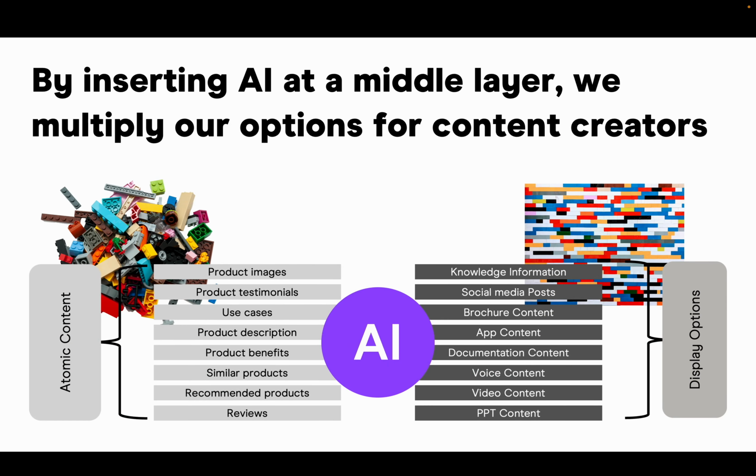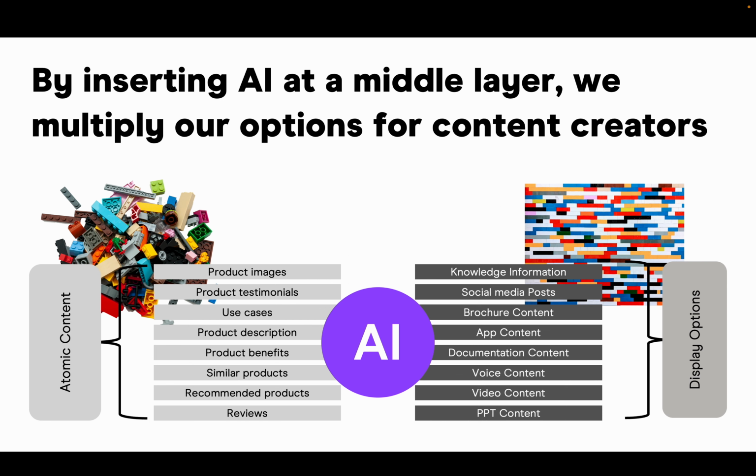And if we consider AI to be that middle layer where we can combine a lot of the newer technologies with what a lot of people are doing already with the digital experience platforms that are out there, we can really think about AI as unlocking a lot of potential.